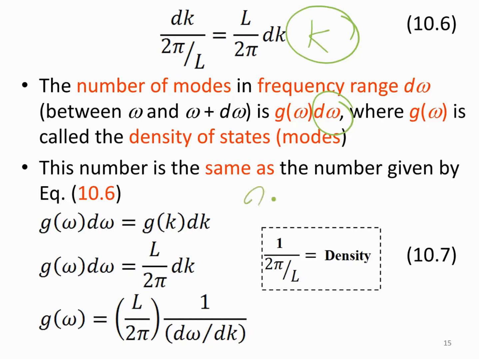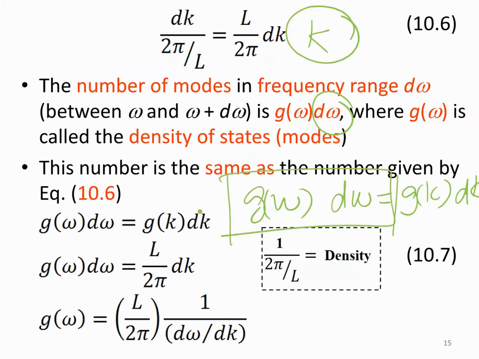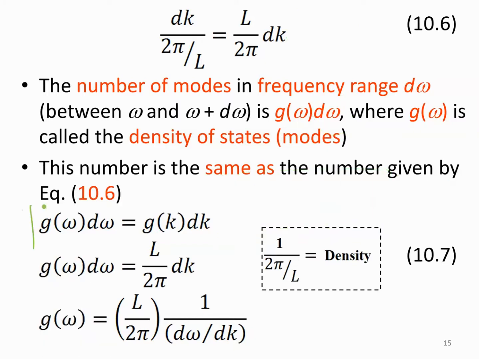So the density times the length of omega equals the density times the length of the wave vector. Density times length, we know that definitely we'll get the number, right? So g omega d omega equals g k dk, and g k dk is what? It is the number of modes.